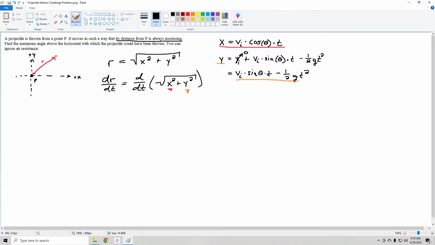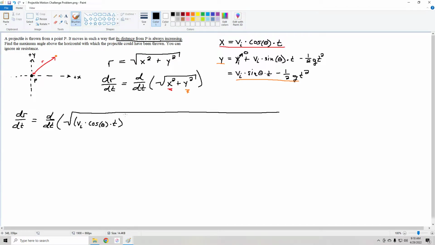And what exactly does that look like? Well, dr dt is equal to d over dt of the square root of a whole bunch of stuff. So the radical is going to be really large. Initial velocity times cosine of theta times t. This is the quantity that's squared for x.